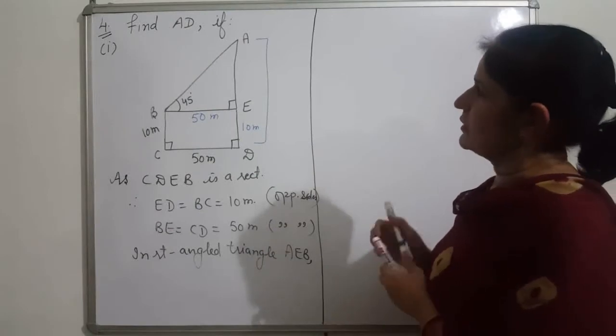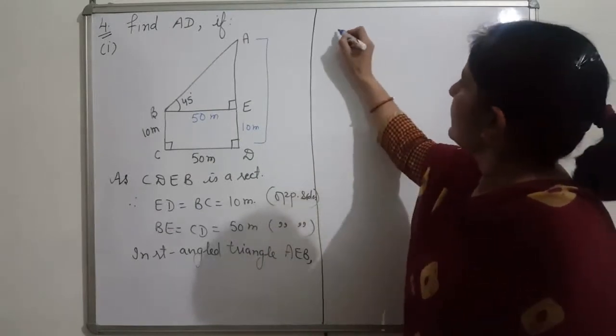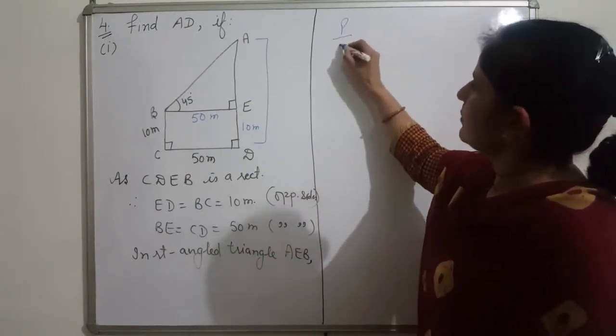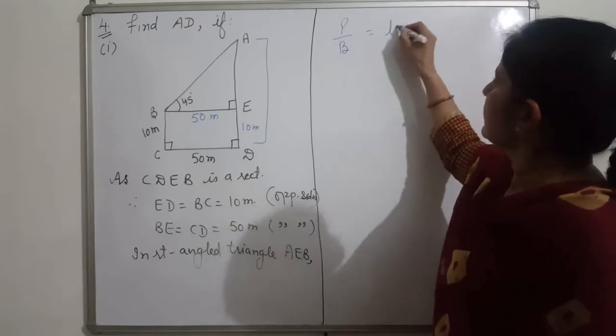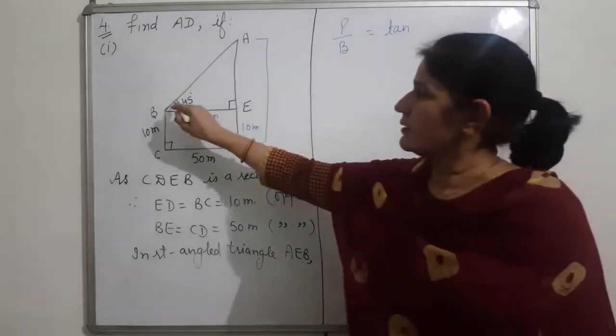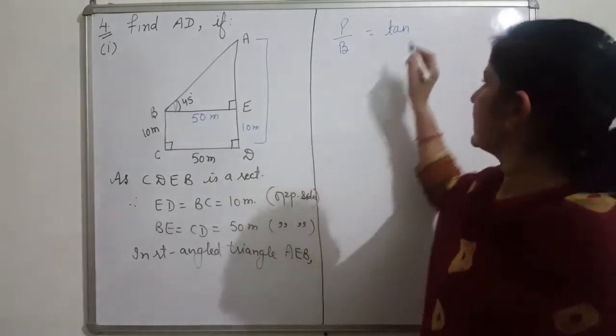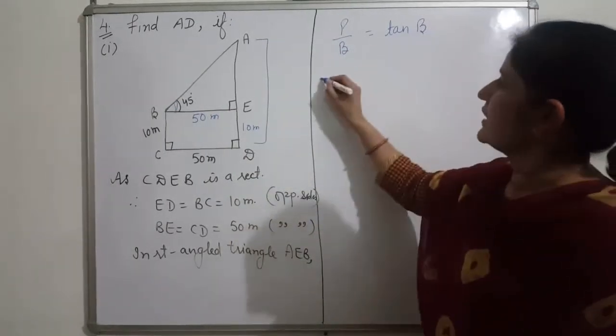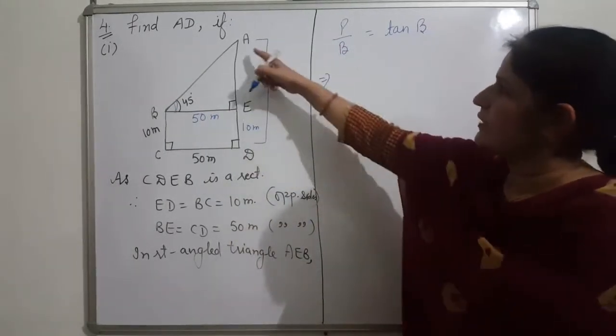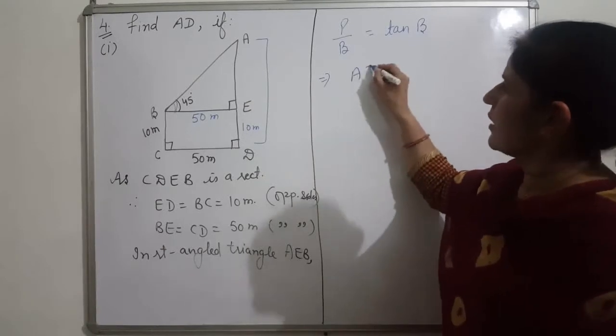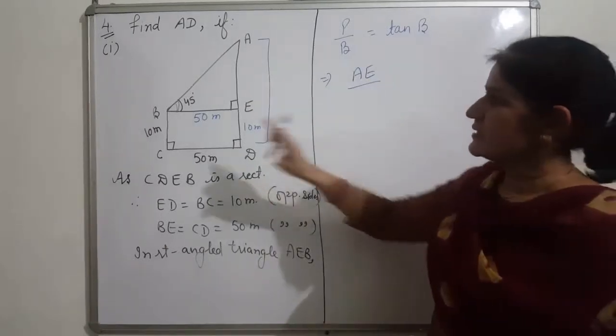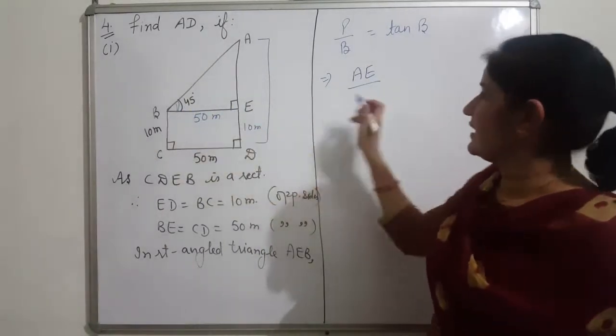So perpendicular upon base equals tangent B, this angle. So what is perpendicular here? Perpendicular is AE. You have to find this length. Base is BE.